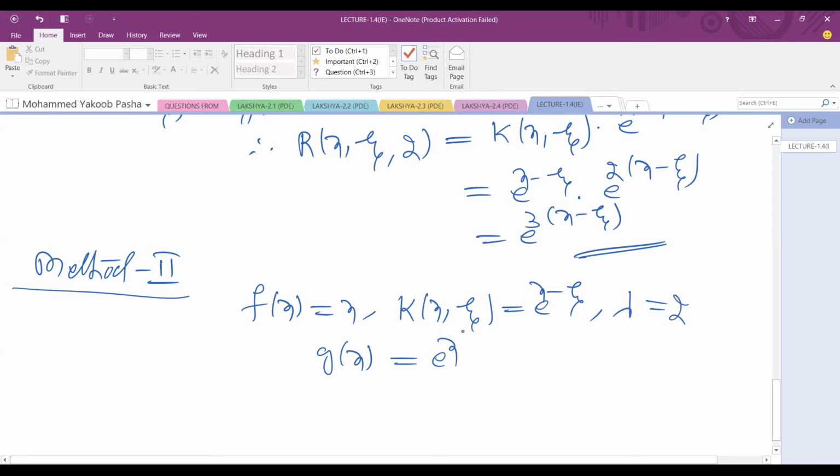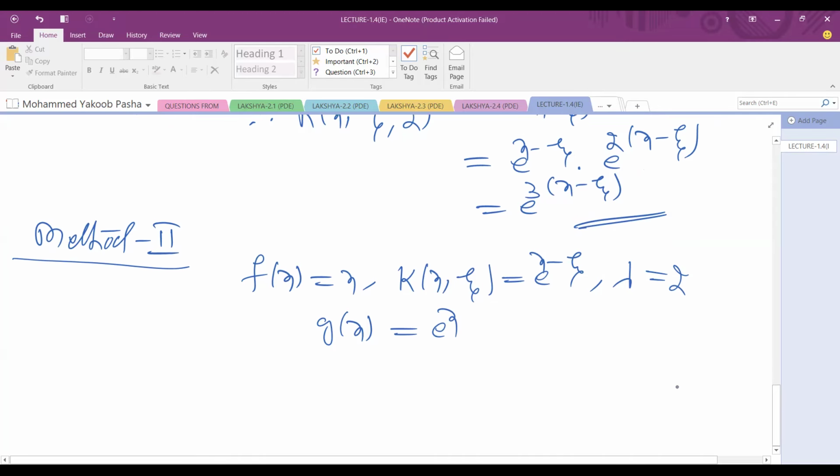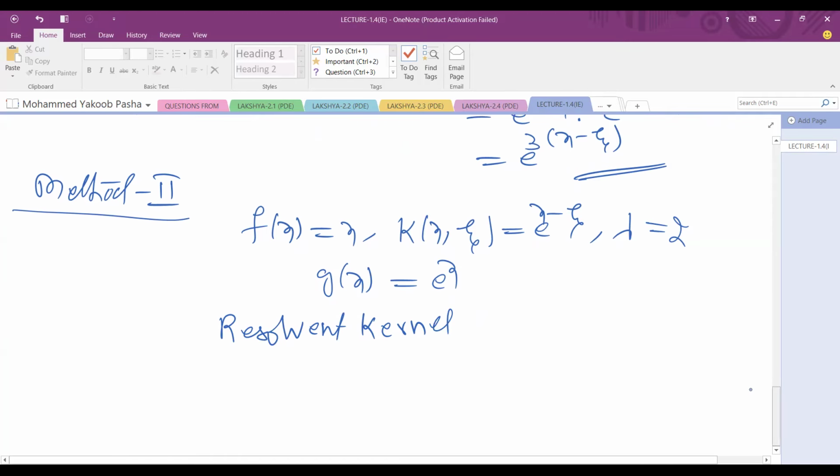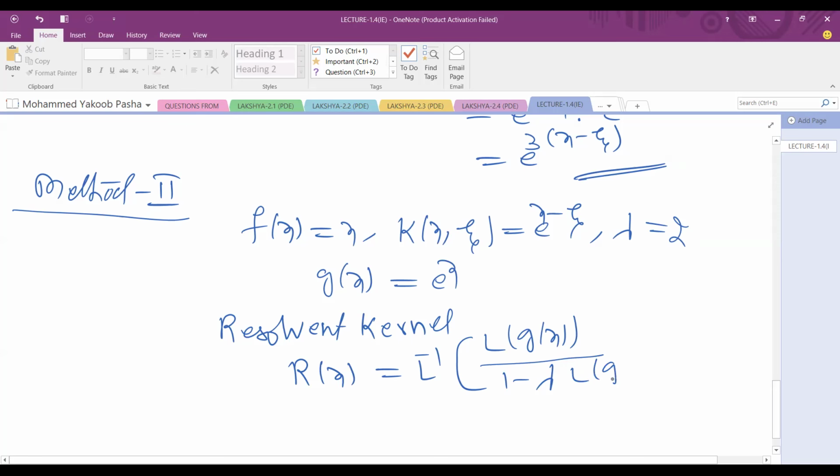Resolvent kernel formula. What is the formula? Resolvent kernel R of x is equal to inverse Laplacian of g of x divided by 1 minus lambda into Laplacian of g of x.